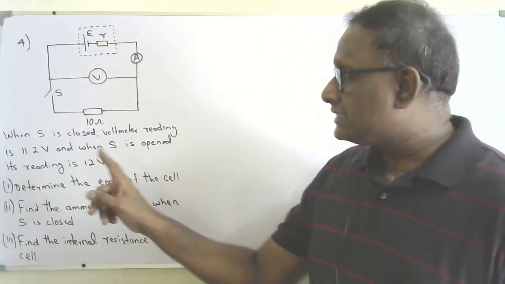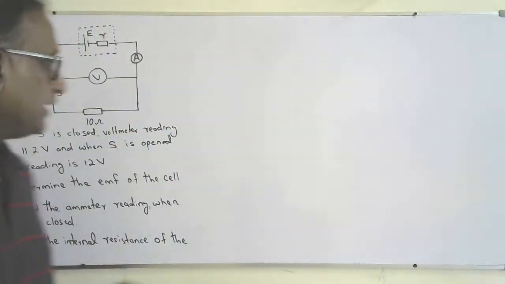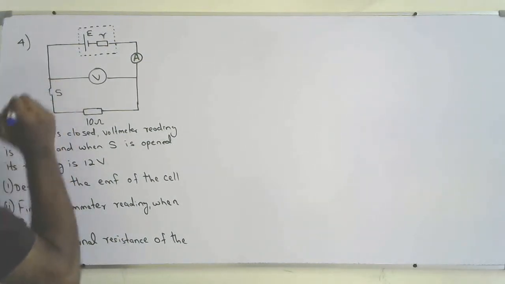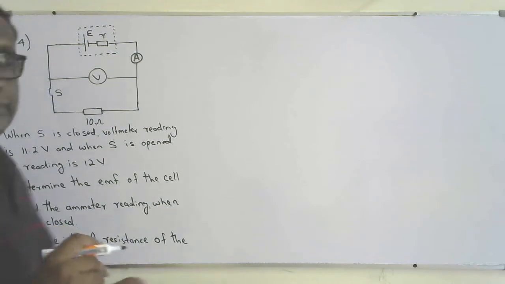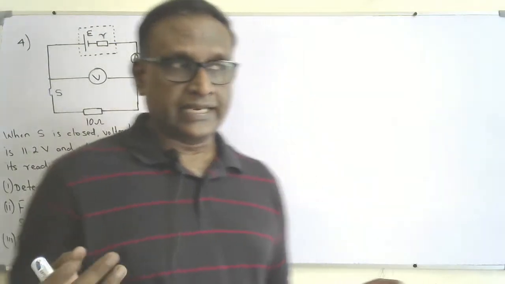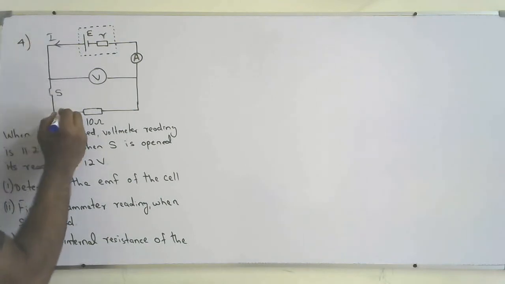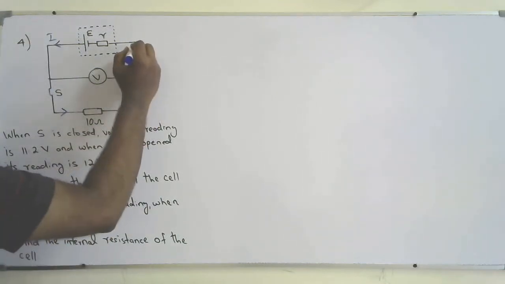Okay, so when S is closed, what will happen? When I close the switch S, no current flows through the voltmeter because its internal resistance is very large. So the current flowing through the cell will flow through the 10 ohm resistor.